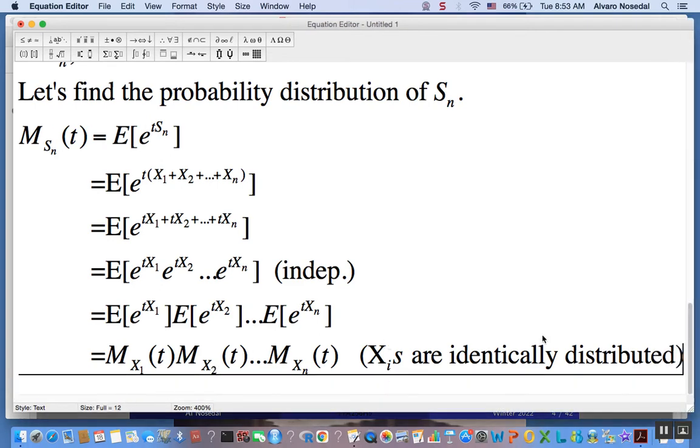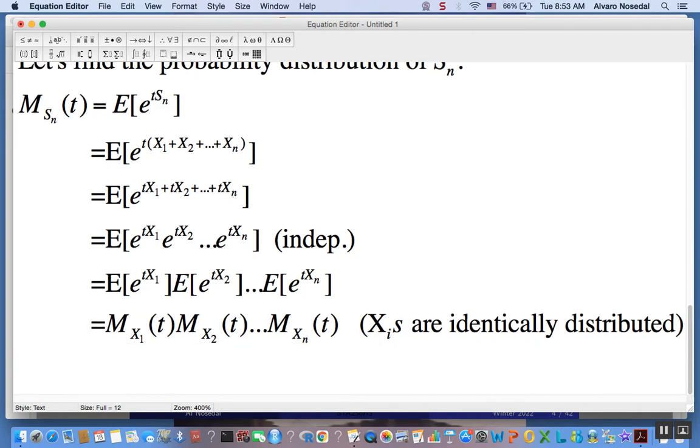So if I have the MGF of one, then the MGF of the second one is going to be the same, and so on.